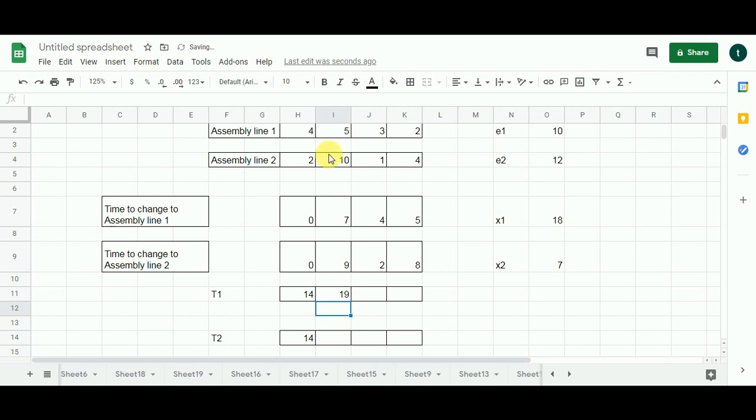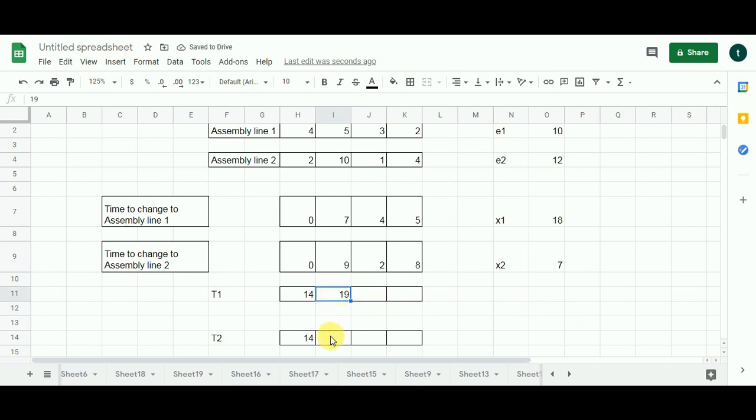But if it arrives from assembly line 2, then extra time will be taken. That extra time will be 9. So the total cost is going to be 14 plus 5, which is 19, plus 9, which makes it 28. I am going to write 28 over here, which is one of our candidates for this cell. Now 19 is less than 28, so I omit 28 and 19 stays.